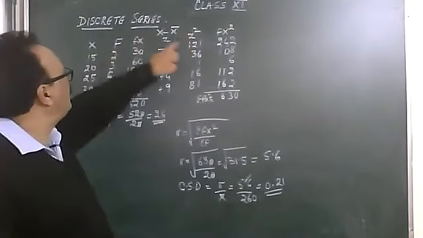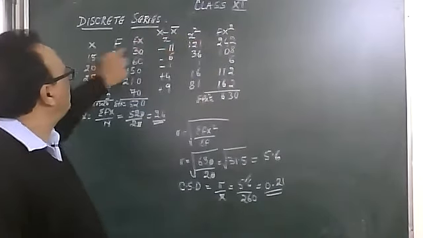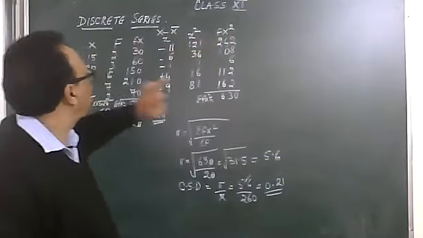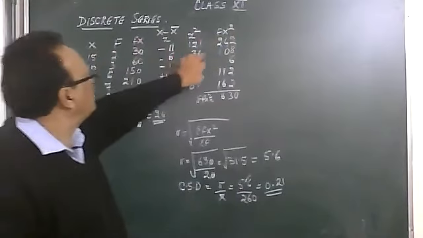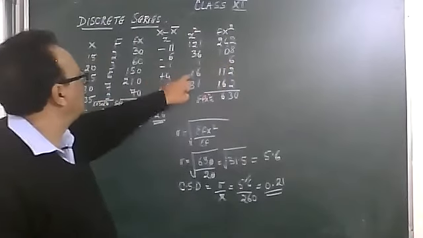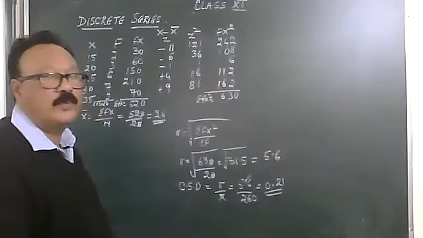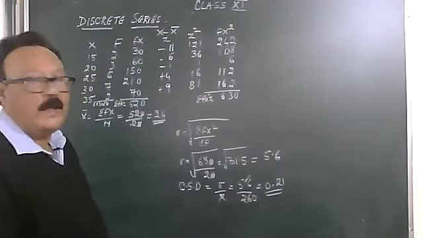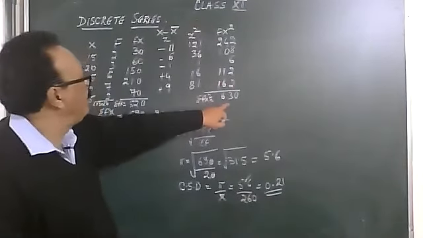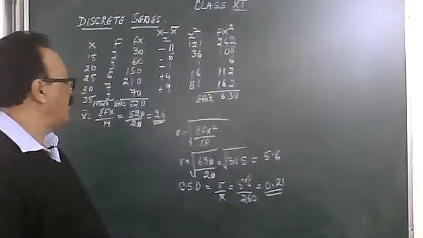So f into x squared: 2 into 121 is 242, 3 into 36 is 108, 6 into 1 is 6, 7 into 16 is 112, 2 into 81 is 162. Then you add them up. We added them up and got 630.